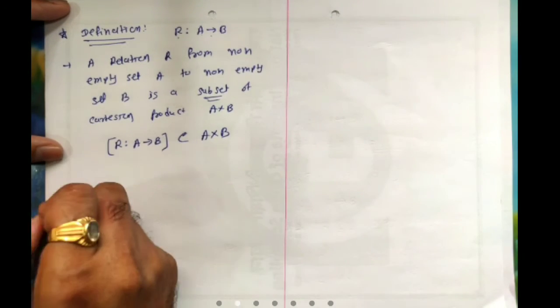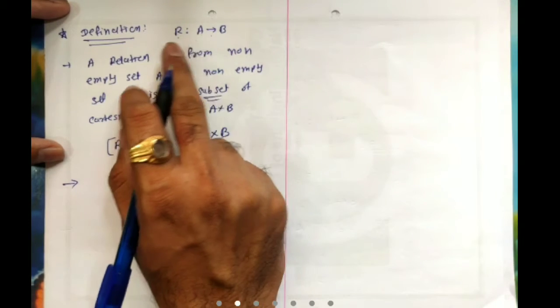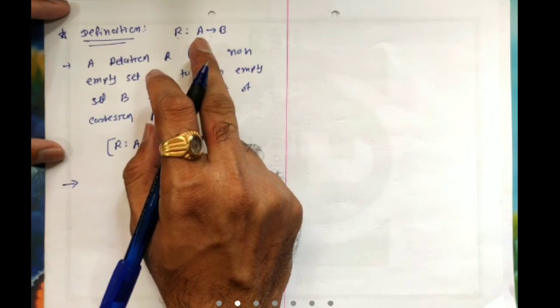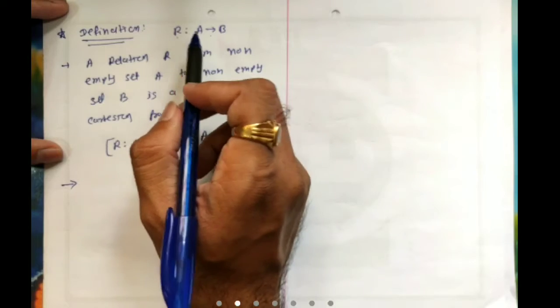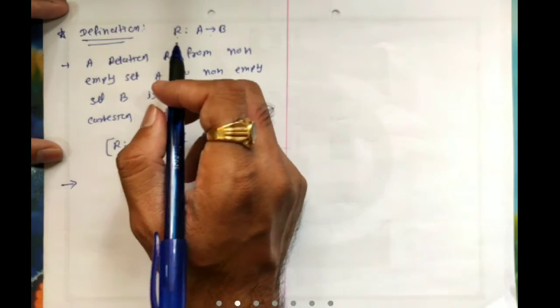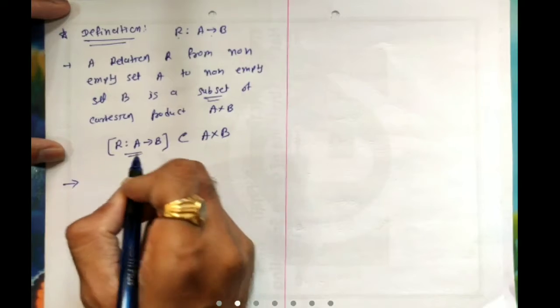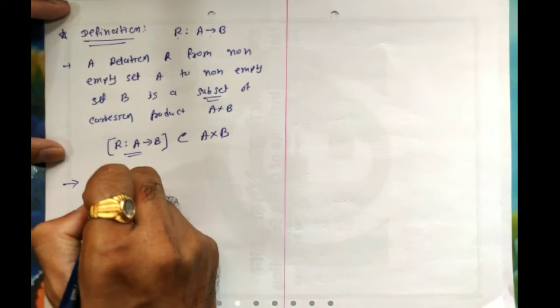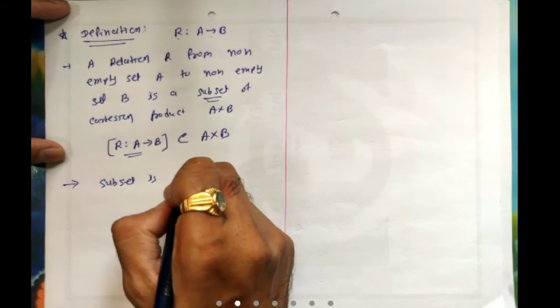Clear? And one most important point is that after defining the relationship between A and B, मैंने बोला ना क्या relation और किसके बीच में relation. So here you have defined the relation between A and B, but then you have to define what the relation is. That means describe. So those relations are nothing but subsets of A cross B. So that subset of A cross B is derived.